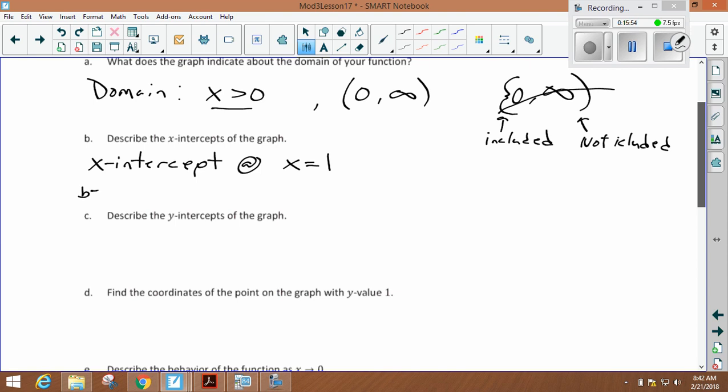I'm going to write this because if I have log, who cares what this base is, right? It doesn't matter. It could be any number, right? Of x. And I should say because for log base b, it's always the case. It doesn't matter what the base is, right? It's always the case that x equals 1.